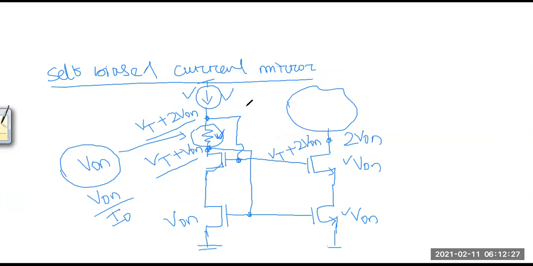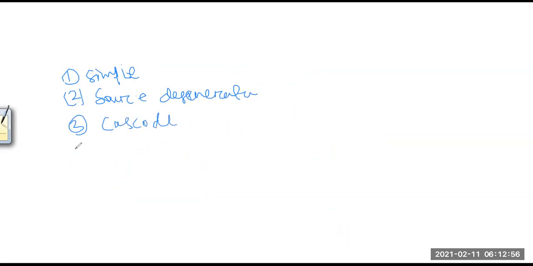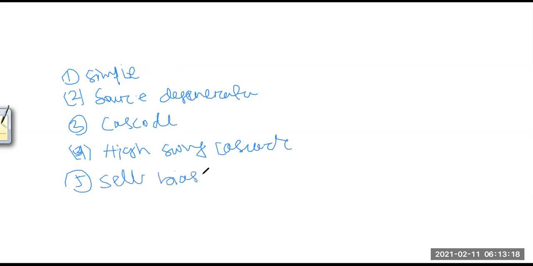Okay, this is all about the current mirrors. So what we have studied: first the simple current mirror, second source degenerated, cascode, then high swing cascode, and self-biased.